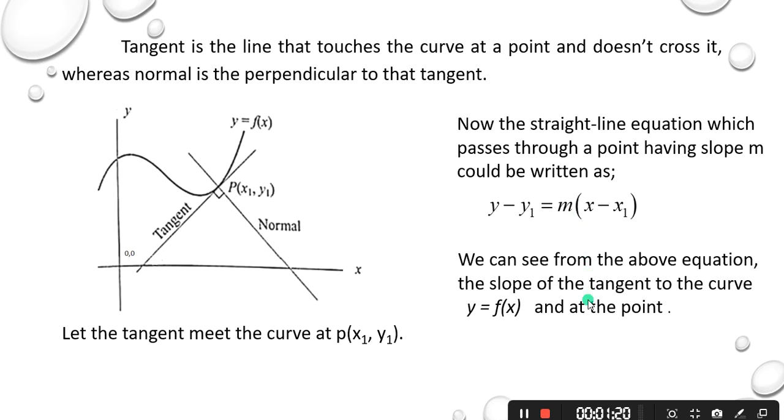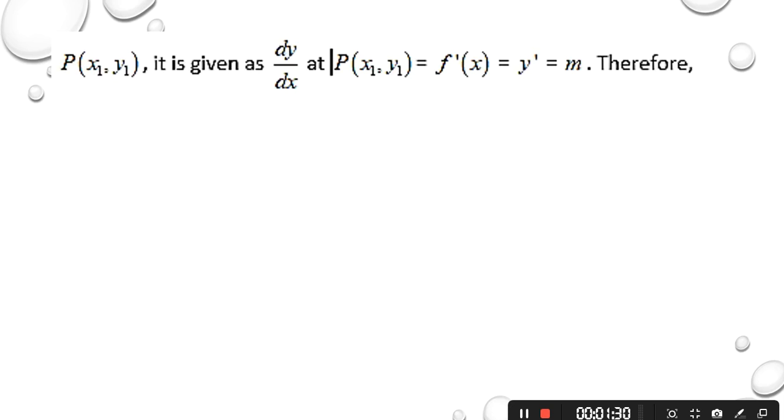We can see from the above equation that the slope of the tangent to the curve y equals a function of x at the point (x sub 1, y sub 1) is given as dy/dx at P, which equals the first derivative of the function of x, y prime, or simply m.